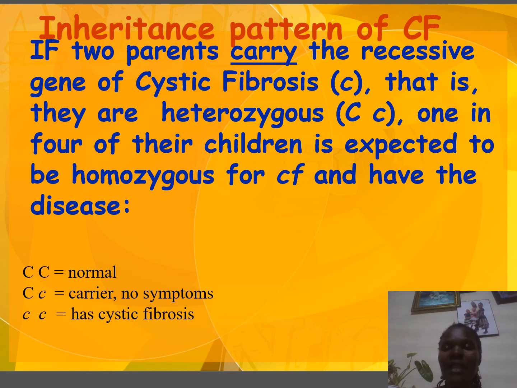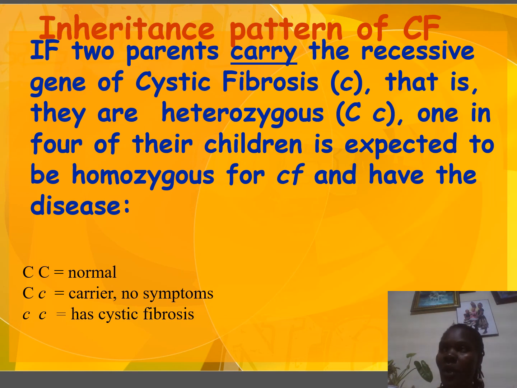The small c will represent cystic fibrosis or the disease itself. So it means based on how the parents are, you can talk about both parents being heterozygotes, or one of the parents being healthy and the other one having cystic fibrosis.